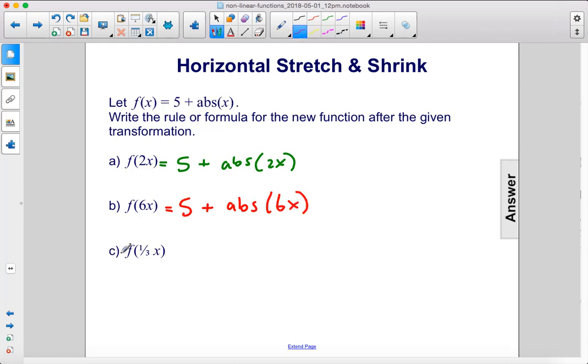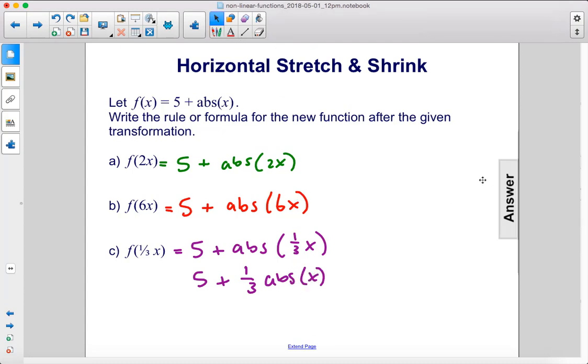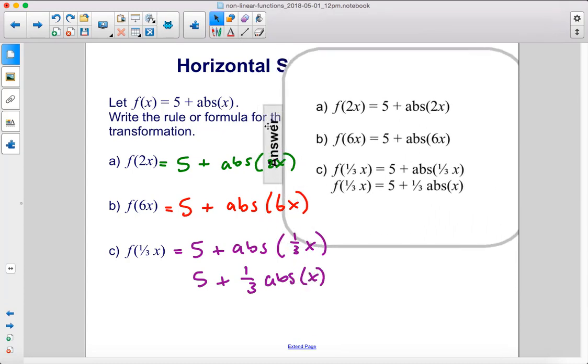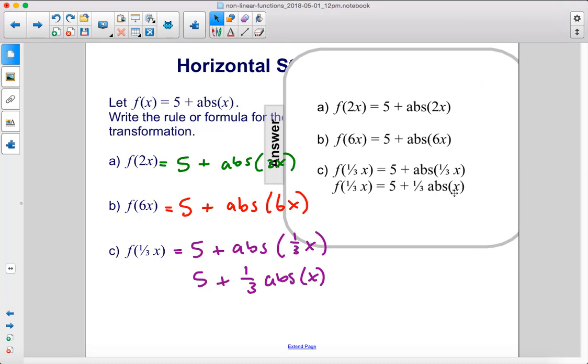And finally, we have f of 1/3 x, so that would be 5 plus the absolute value of 1/3 x. Now you can also remove this coefficient to the front like this, the 1/3 times the absolute value of x. That also is a correct way to write it.